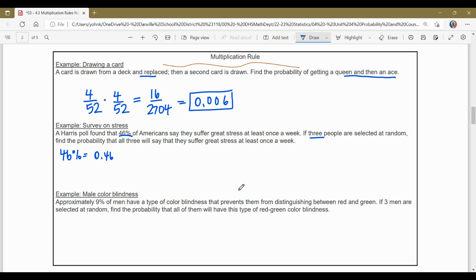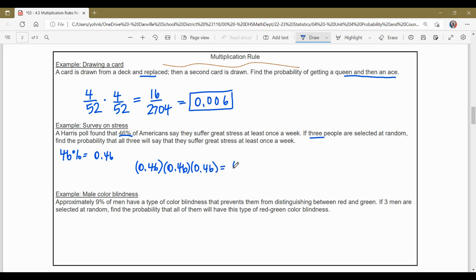If I ask 3 people, each of those 3 people can answer yes or no independently of the other people's answers. So each person is its own event. The probability that the first person I ask suffers great stress at least once a week is 0.46. The probability that the second person is also 0.46, and the third person is also 0.46.